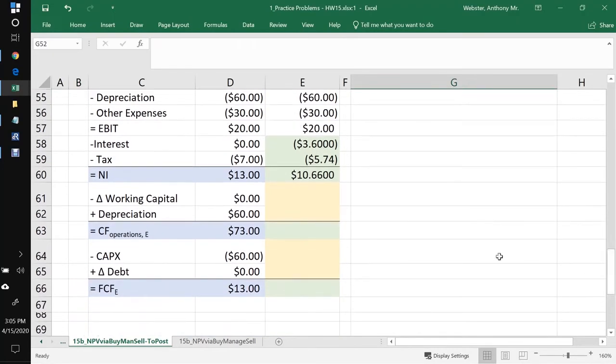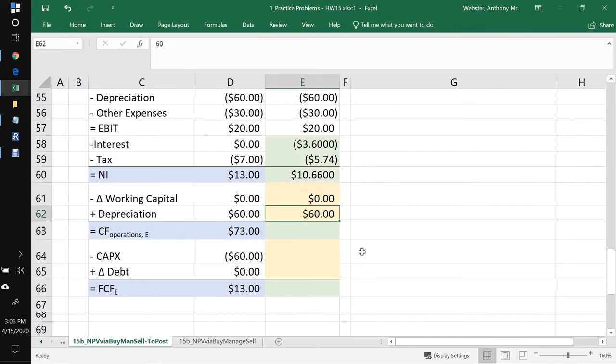Okay, so if it's a steady state firm, the changes to working capital are 0. We don't have to increase accounts receivable, and accounts payable are not going to change because it's steady state. In any case, the depreciation here, when we add it back to get our cash flow from operations, has to be the amount shown on the income statement.